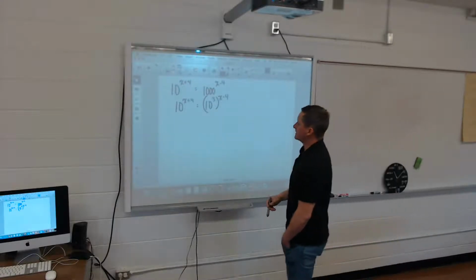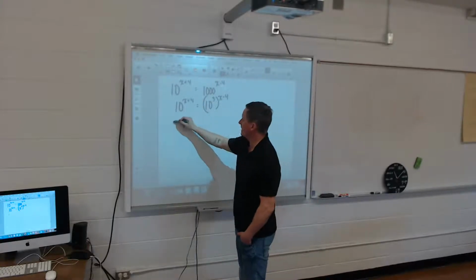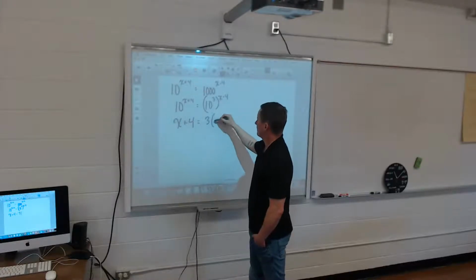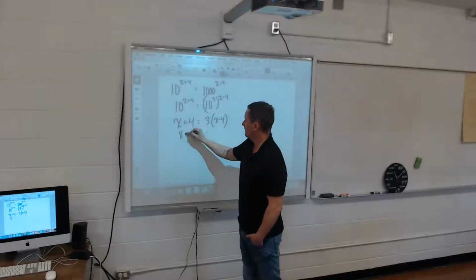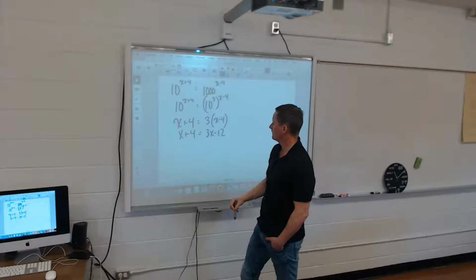And so if my bases are the same and they equal on both sides, that means that my exponents have to equal. So I get x plus 4 is equal to 3 times x minus 4. x plus 4 equals 3x minus 12.